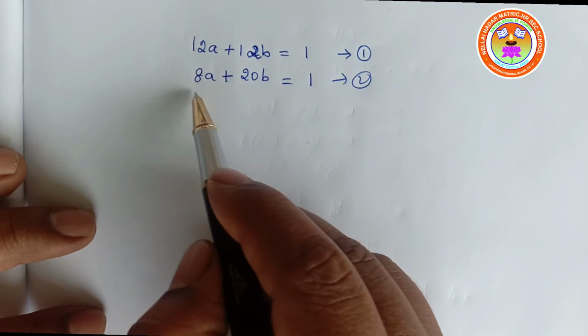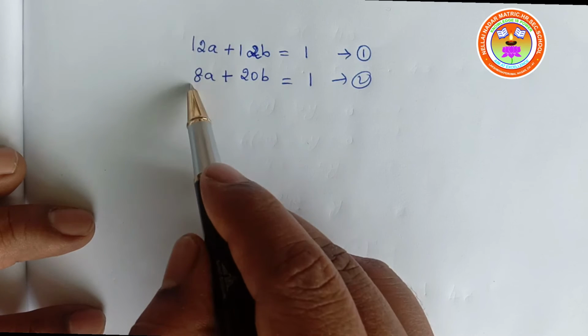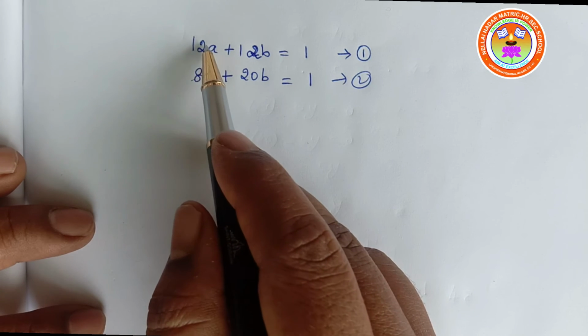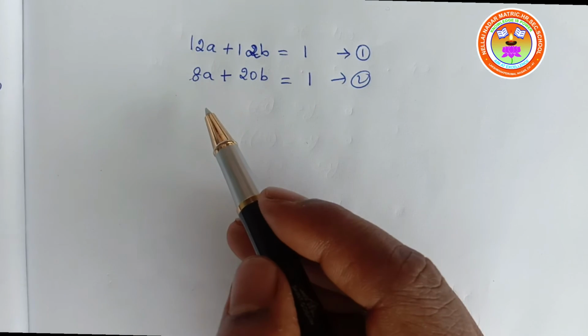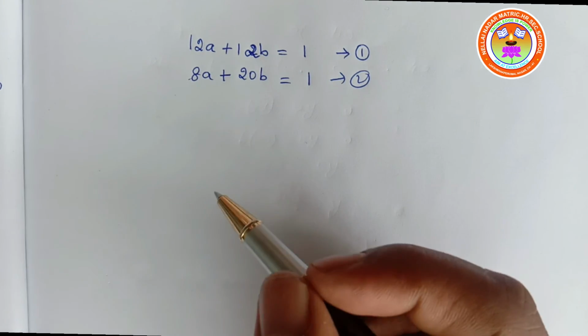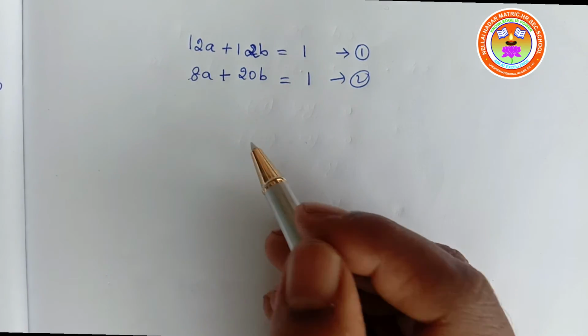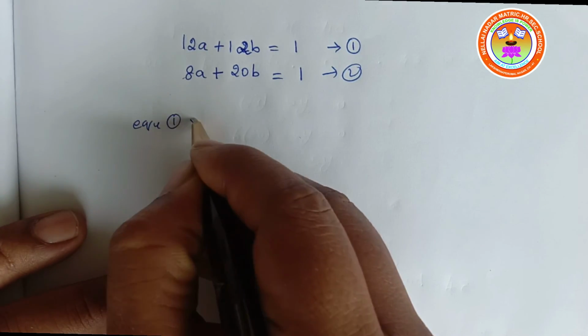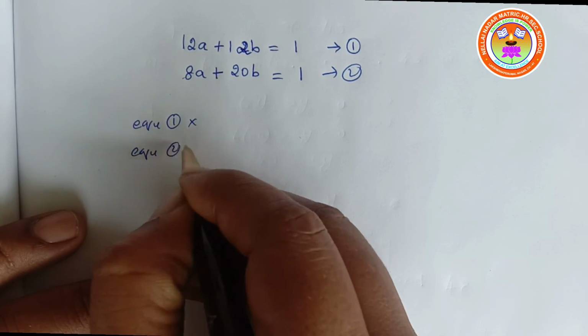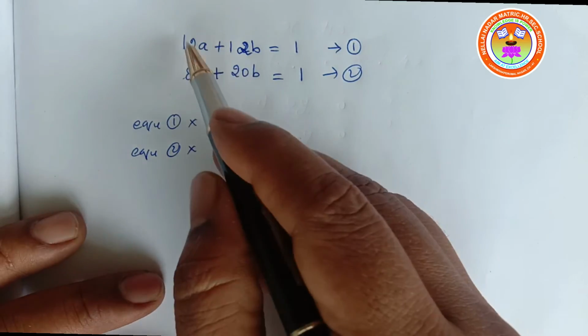Actually you can eliminate a. You want to balance here, so you can multiply this with 2. 12 2s are 24, 3 8s are 24. Otherwise cross multiplication method also you can do, right?